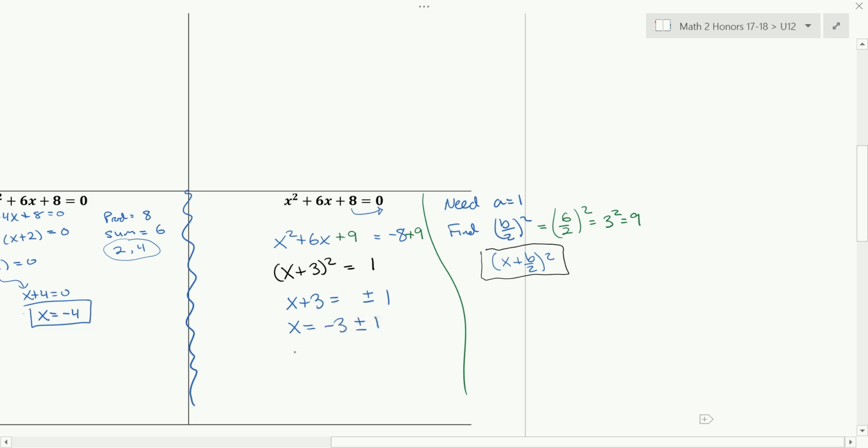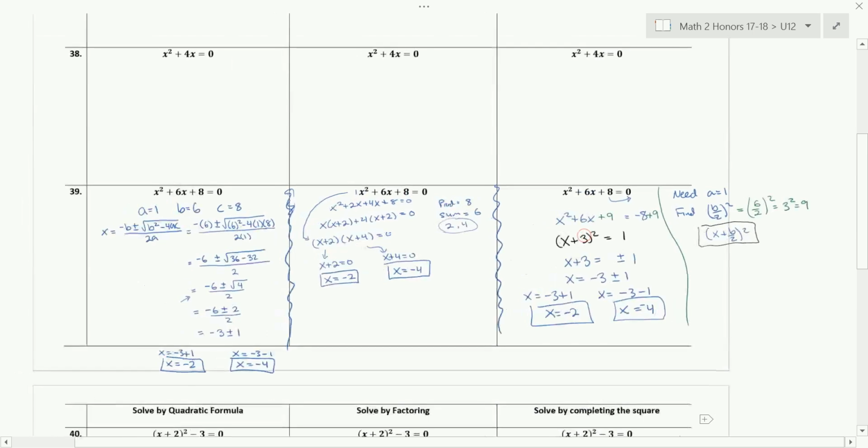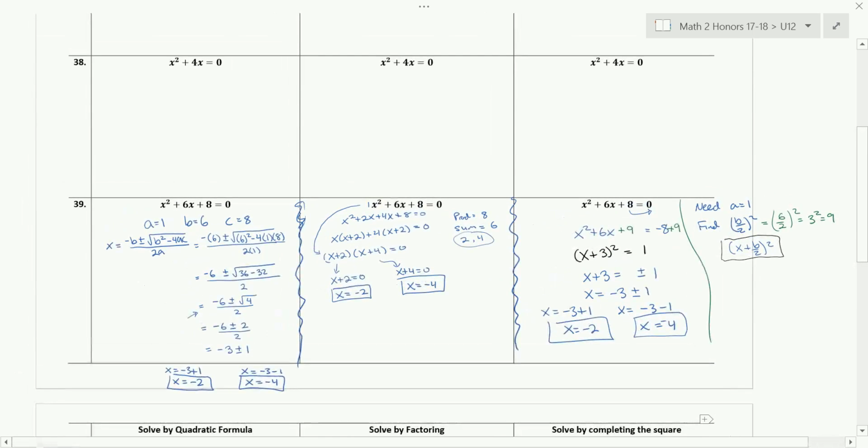And you get two options, -3 plus 1 and -3 minus 1. And the first one is -2, the next one's -4. And, oops, forgot my negative. And it matches the other cases. Okay, so now I've done the same problem in three different methods.